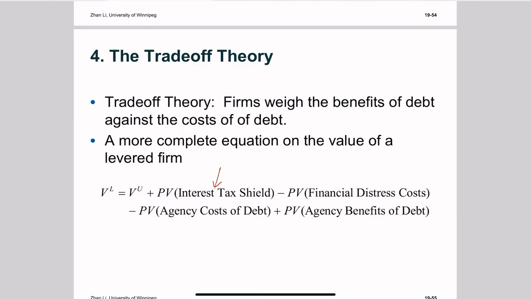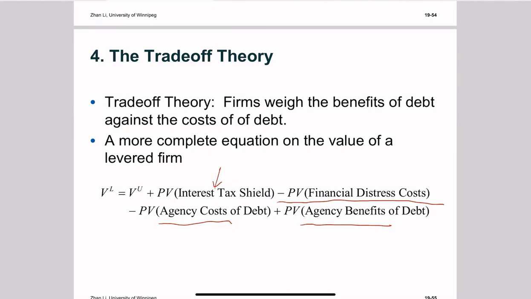And then in this chapter, we discussed the cost of leverage, that is financial distress costs. And then from the agency perspective, we could have agency costs, that is asset substitution, debt overhang, and cashing out. And then we have this agency benefit. The main benefit is it will reduce the wasteful investment of managers.